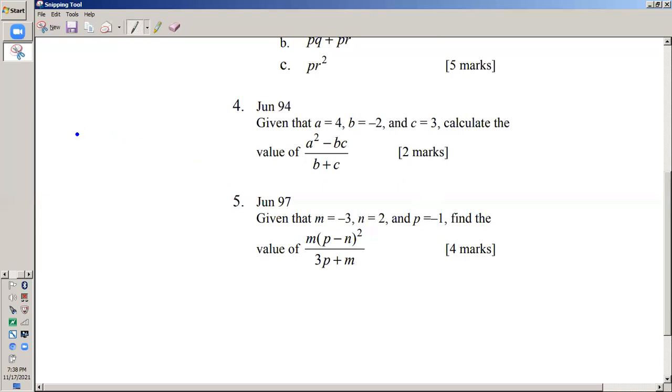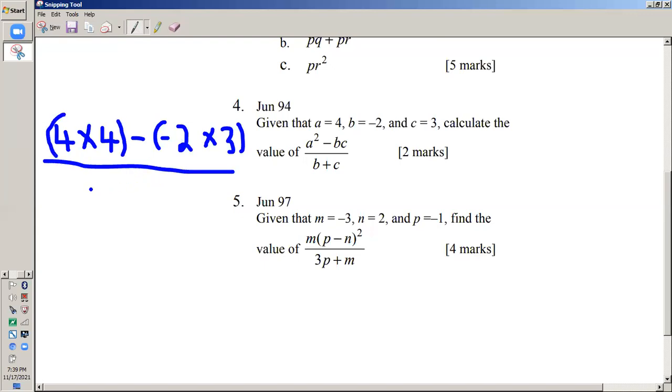So I have 4 times 4 plus 2 times 3 over negative 2 plus 3. So I have 4 fours, 16, plus 2 threes, 6, over negative 2 plus 3. So I cancel the 2 and the 6.